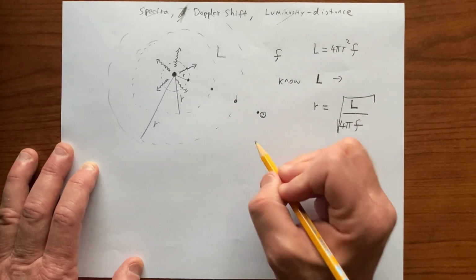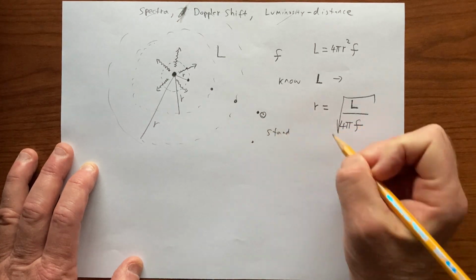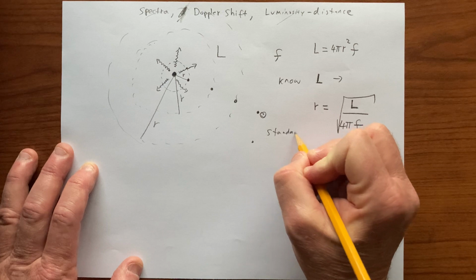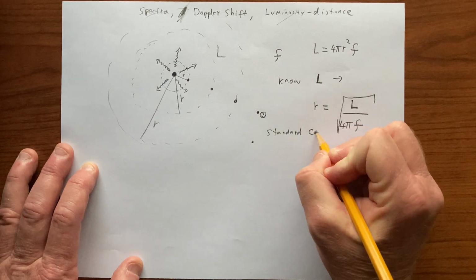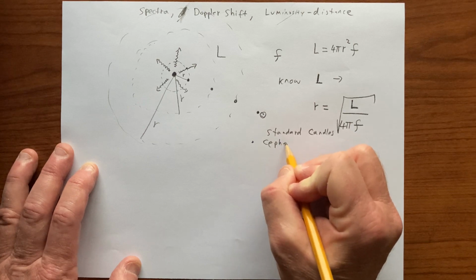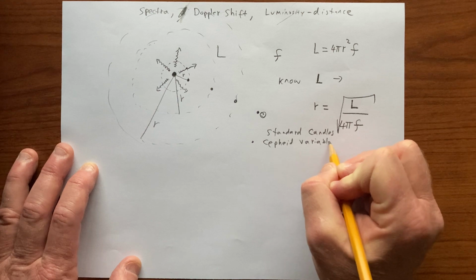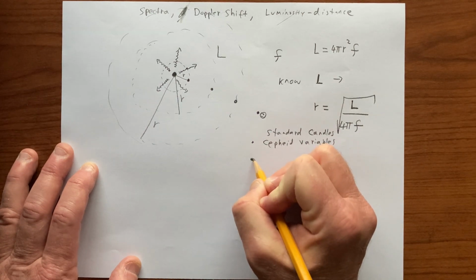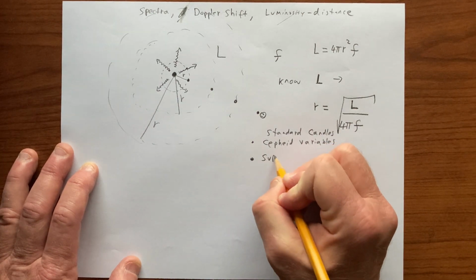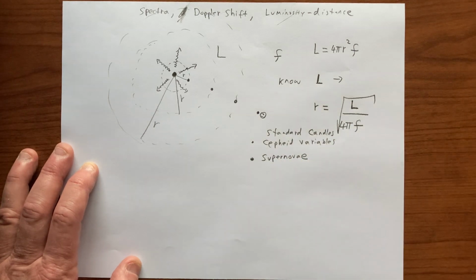And so this will take us to the notion of a standard candle. Right? Objects whose luminosities we know, their luminosities are all the same, they're standard candles. Objects such as certain kinds of stars that pulsate in a certain way, Cepheid variables, exploding stars that explode all in the same way, they reach a peak luminosity, supernovae.